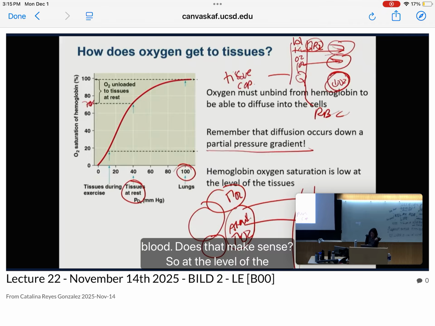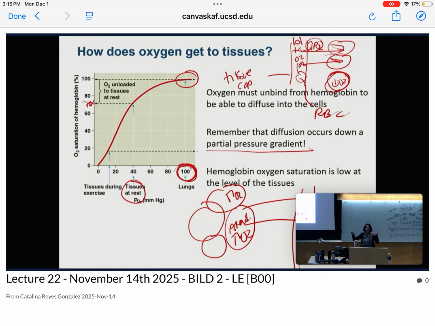So at the level of the lungs, the partial pressure of oxygen in that blood is 100 millimeters of mercury, meaning that we're going to be able to fully saturate the hemoglobin to 100%. And if you don't have any pathology and you use those oximeters I was talking about in the recording, with the little light beam, you should be between 98% and 100% saturated.